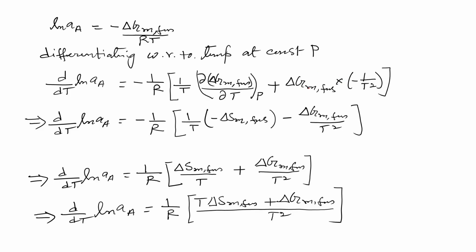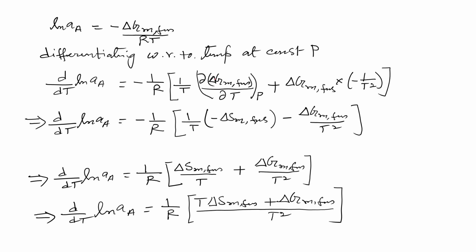The first is 1 by T. Differentiation of 1 by T will be T to the power minus 1, then minus 1, so T to the power minus 2, that means 1 by T square, and minus will be there. So d/dT of ln activity of A will be equal to minus 1 by R, then 1 by T.